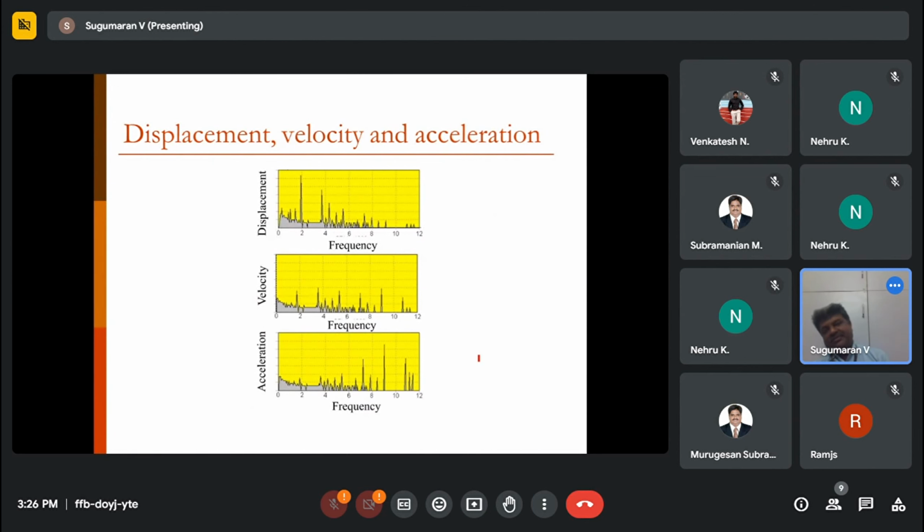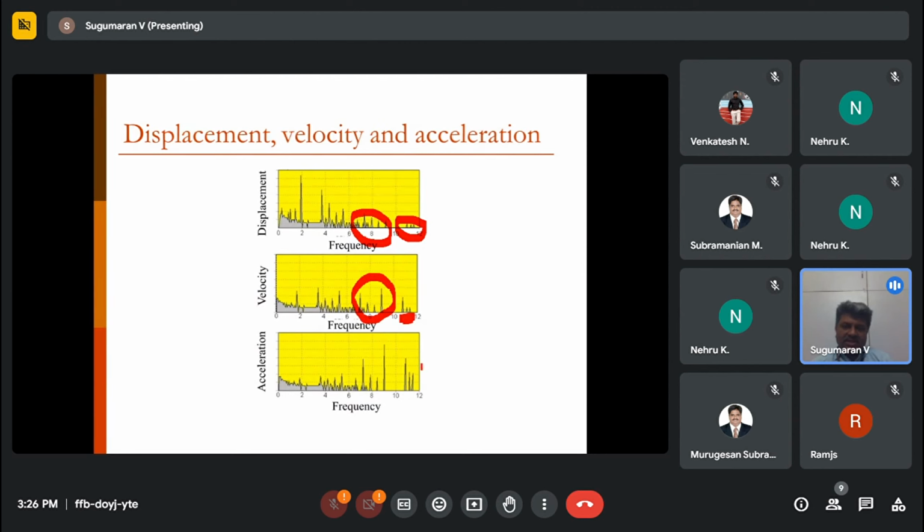Look at this graph. This is displacement. The same signal velocity, the same signal acceleration. You see, here the high frequency signals are very small. Here the middle frequency is slightly bigger, but this is still reasonably big.